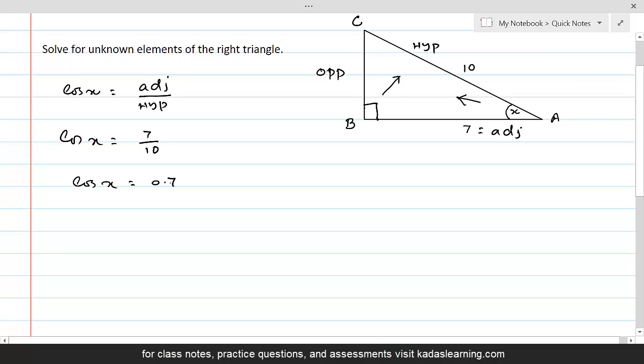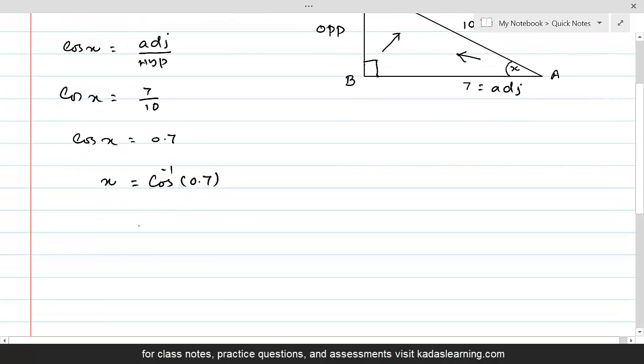When the ratio cos of X is known, we can make use of calculator and we can find out the angle X by taking cos inverse of 0.7. So cos inverse of 0.7, and this will give us the value in degrees, that is equal to 45.57 degrees.